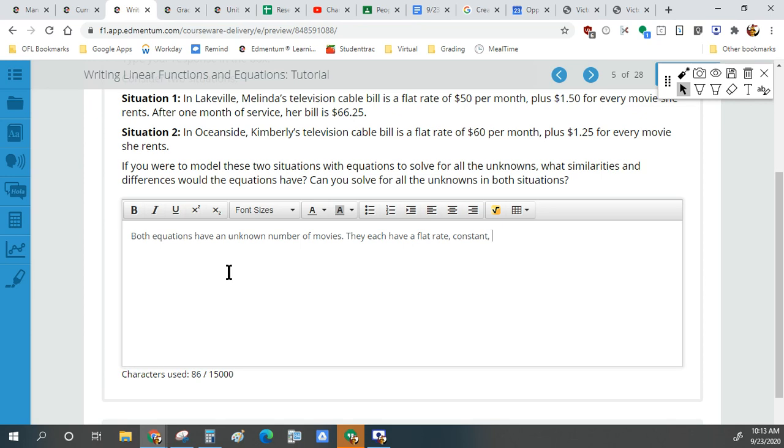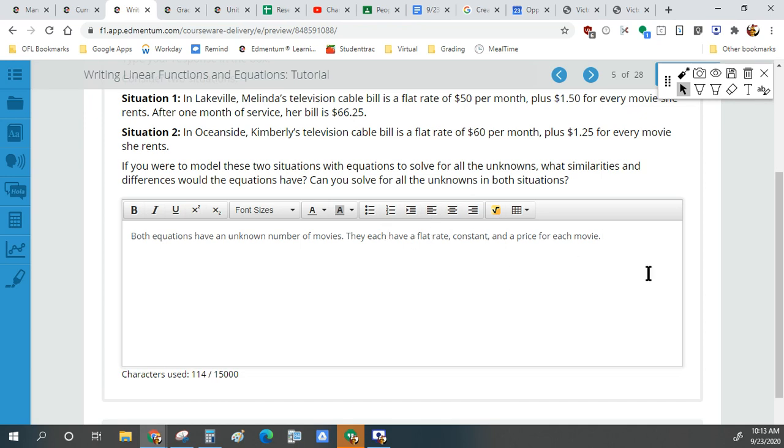The next one is a price for each movie. Depending on how many movies you're buying, that's what's going to happen here. So the flat rates are all different.